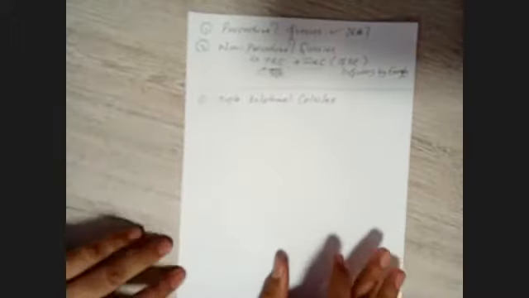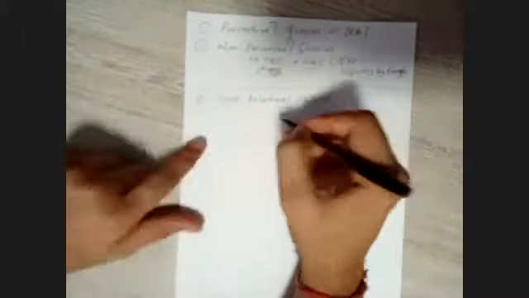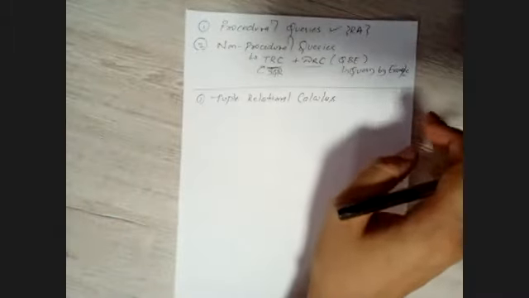TRC basically tells what data we have to retrieve. For tuple relational calculus, we have a certain syntax. For these queries, as we have seen in relational algebra, we have different operators that we apply to the tables.